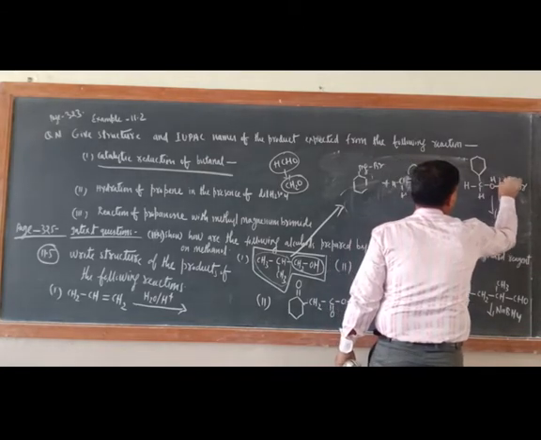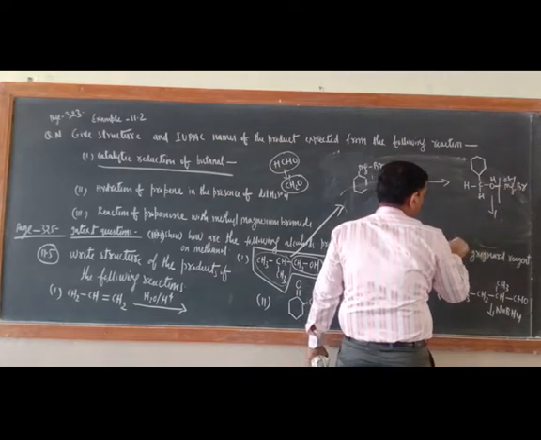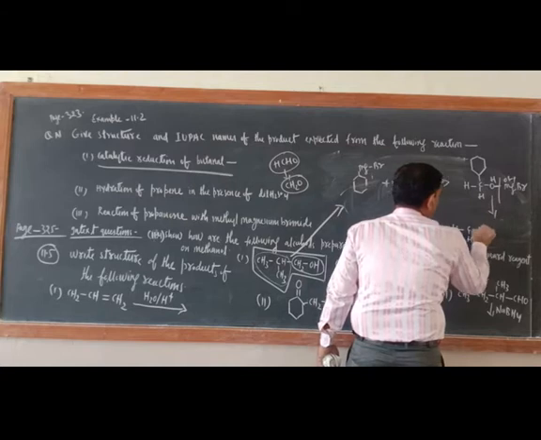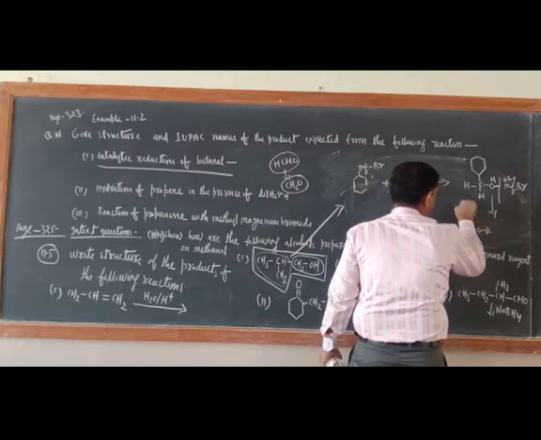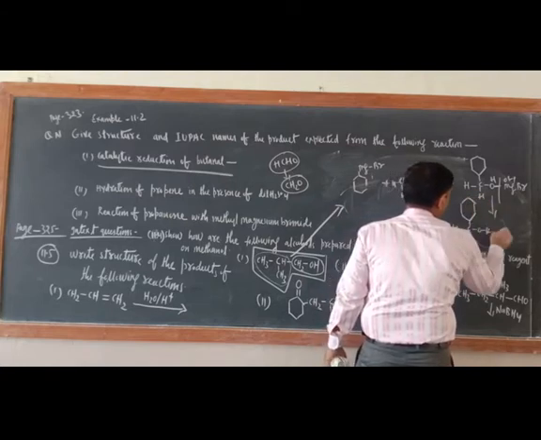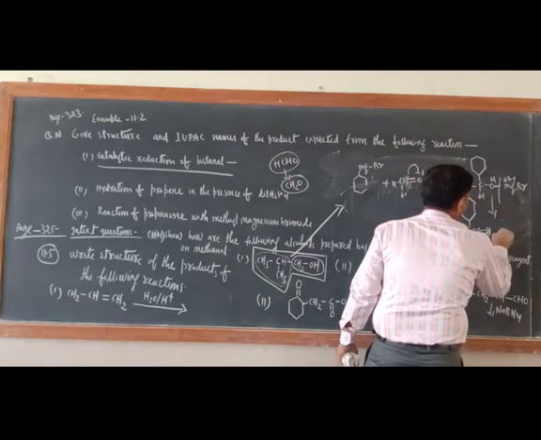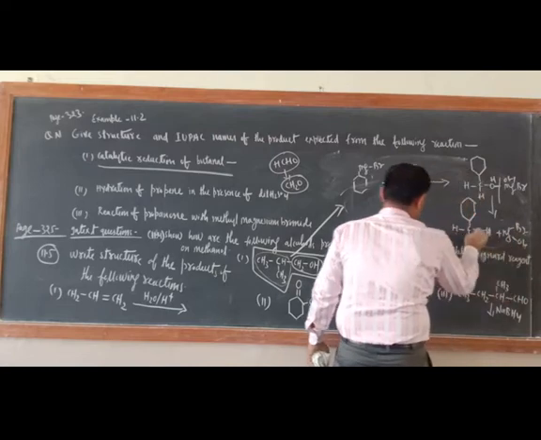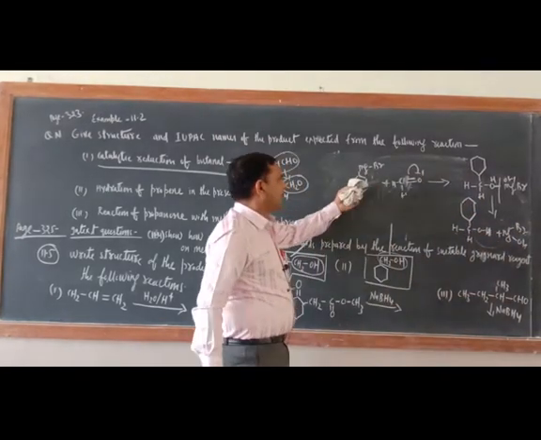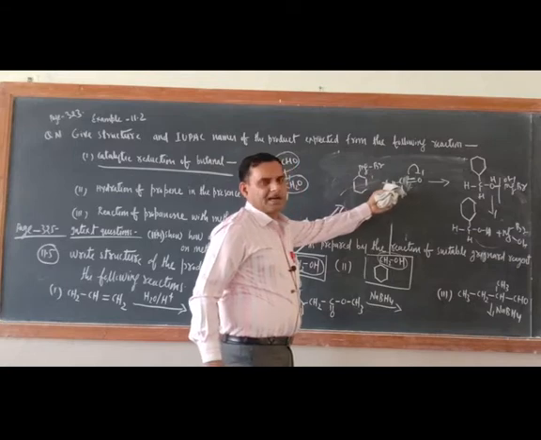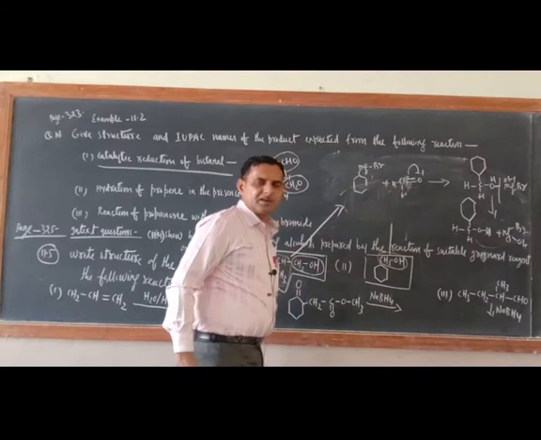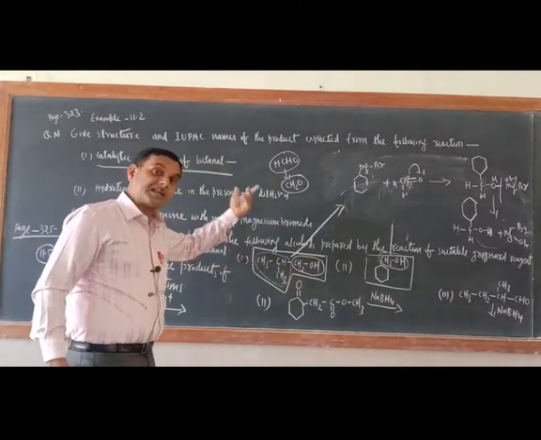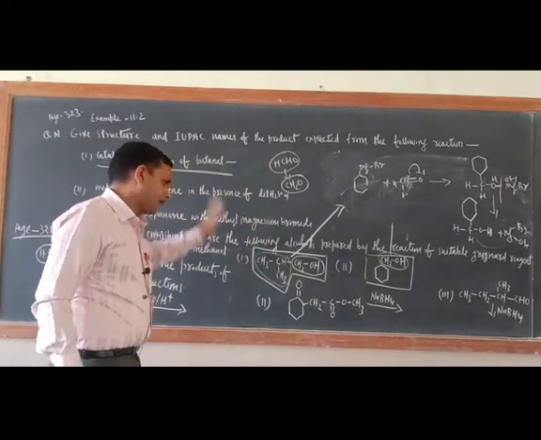So here H, here OH. So what is the product now? Product is HCHOH. And here what is there? This and this. Plus MgBr and OH. Now you have got this compound. Means our Grignard reagent is this one and carbonyl compound is this one. Okay, in this way you can do. It doesn't mean that they will ask this one only, they can ask anything. So we should remember the rule over this one.